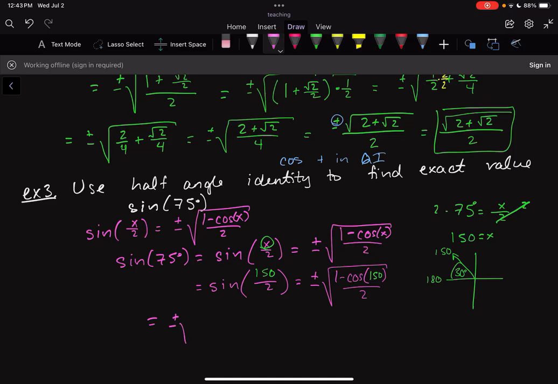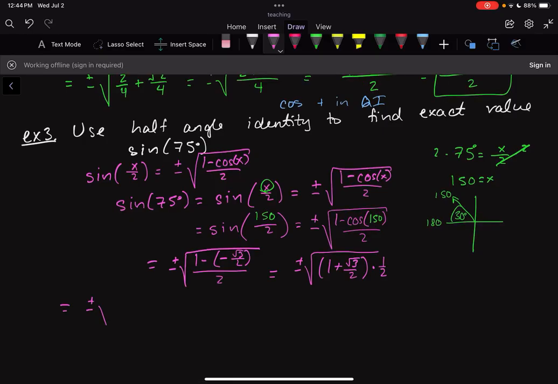So here I get plus or minus the square root of 1 minus cosine 150. Cosine 150 would be the same as cosine 30, but we do have to be careful because it's in quadrant 2. Cosine is negative in quadrant 2. And it'll be root 3 over 2, and then I get over 2. So I'm simplifying now. I get plus or minus the square root of 1 plus root 3 over 2 times a half.